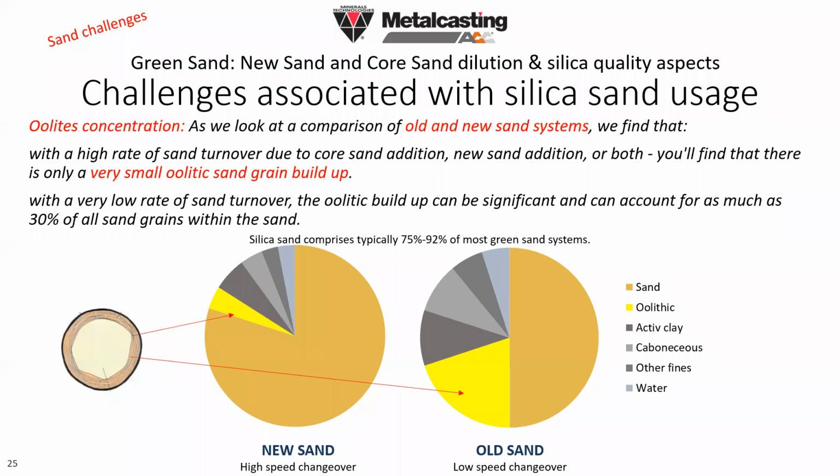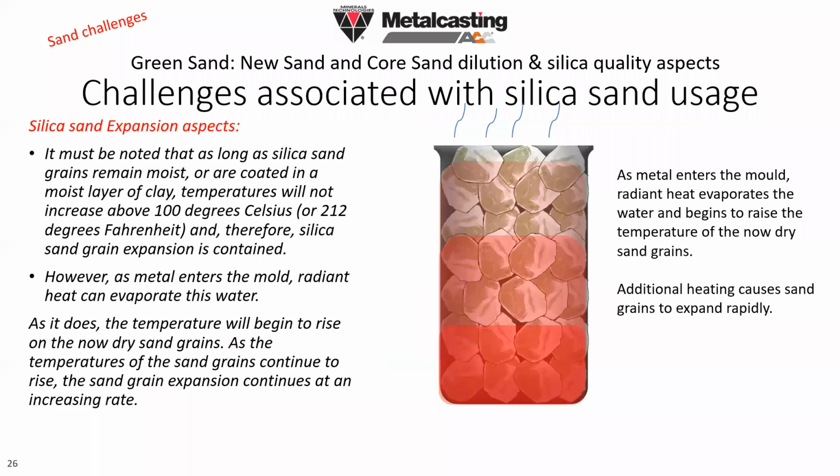The next slide will show you another problem about silica sand, and it is the question of silica sand expansion. We must note that as long as we are under 100 degrees Celsius, 212 degrees Fahrenheit, then the silica sand expansion is contained. You have no expansion.